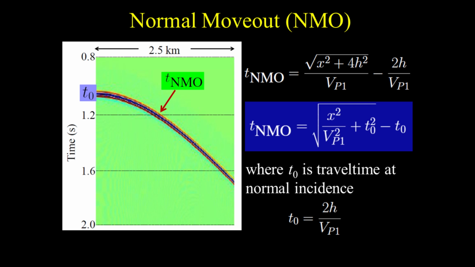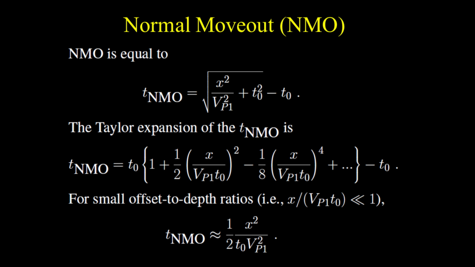Above the reflector is the two-way travel time at the source, that is, at x equals 0. Thus, NMO travel time is equal to the actual travel time minus T0. Thus, NMO is equal to travel time at offset x minus the travel time at zero offset.